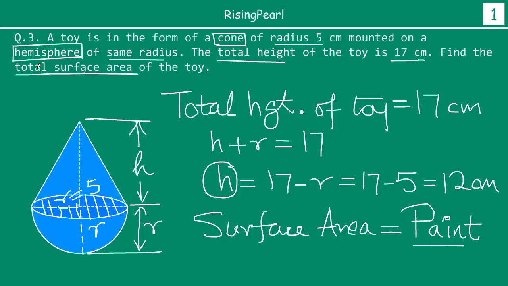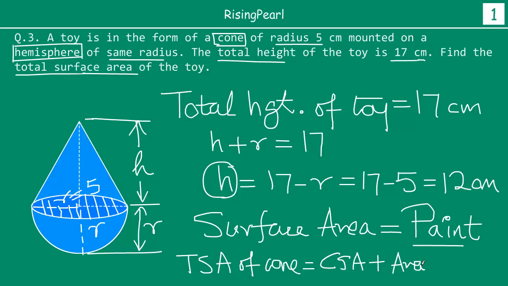Now when we apply the total surface area, we know that a cone has two areas. Total surface area of a cone, as we have seen earlier, is the curved surface area of the cone plus the area of the base circle.